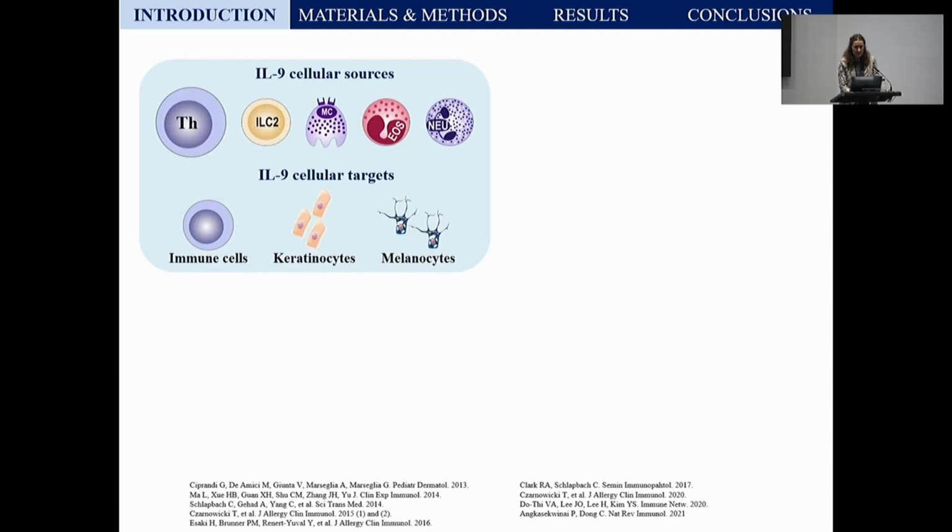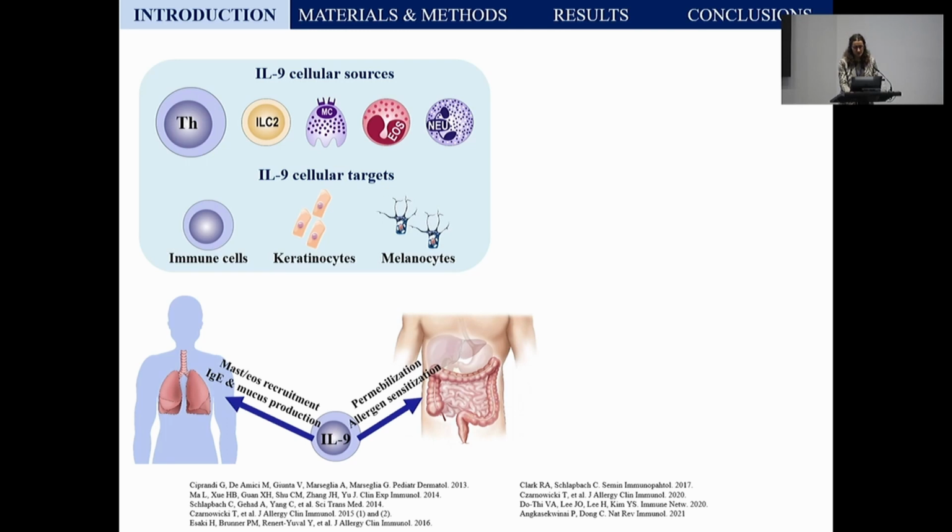IL-9 is a cytokine produced by a wide range of immune cells, but its major source seems to be CD4 T cells. The cytokine binds the IL-9 receptor for signal transduction, and in the skin it is expressed in immune cells, keratinocytes, and melanocytes. IL-9 participates in allergy as it plays a pleiotropic role in Th2-mediated inflammatory diseases such as asthma and food allergy.